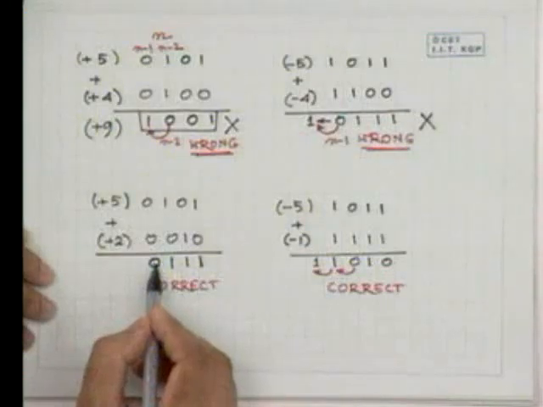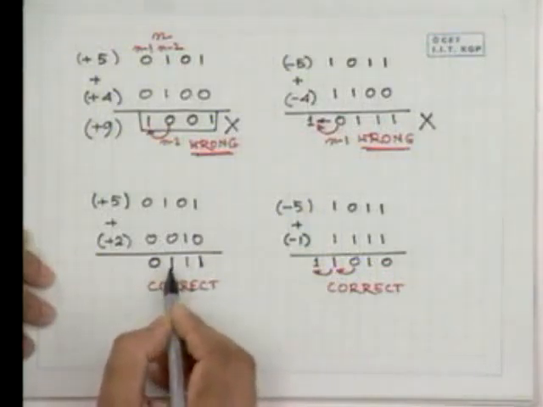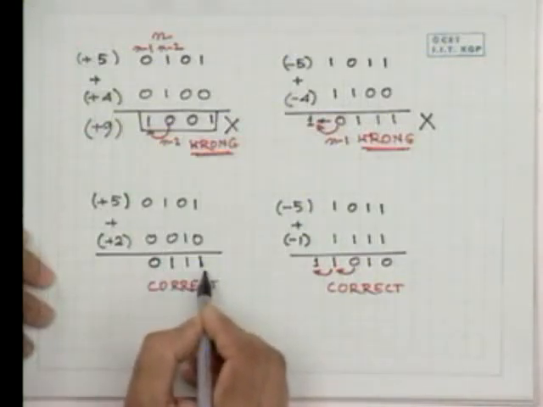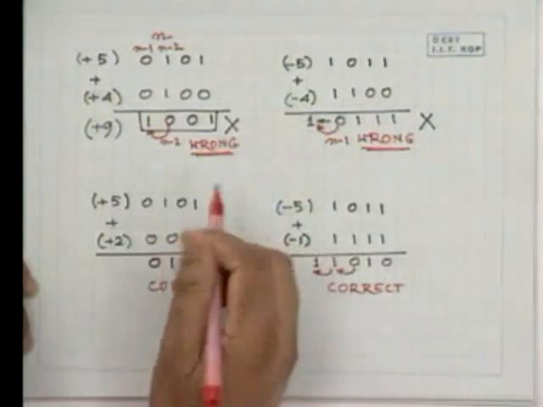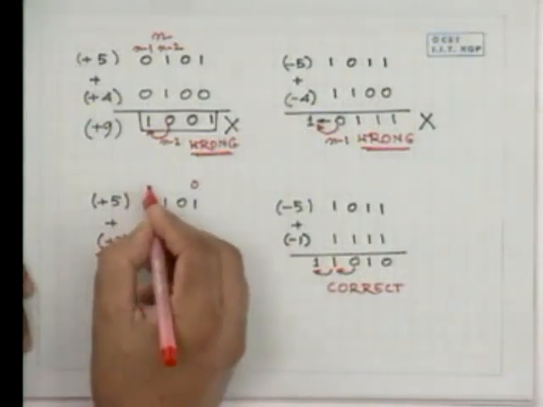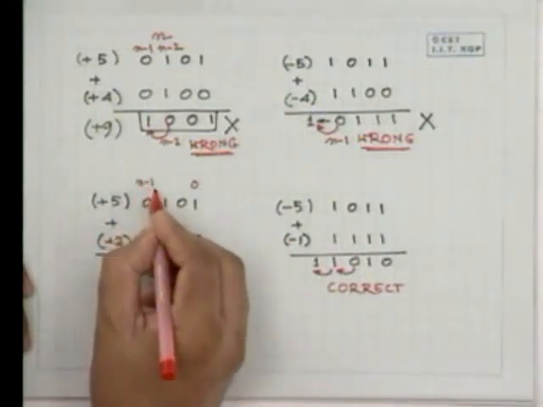Therefore, a simple rule we can devise is that the result will be correct if there is no carry out of the n minus 1th bit, that means the most significant bit, and the n minus 2 bit for an n bit number, where the first bit we call the 0th bit and the most significant bit the n minus 1 bit.